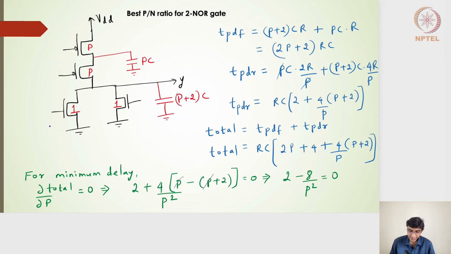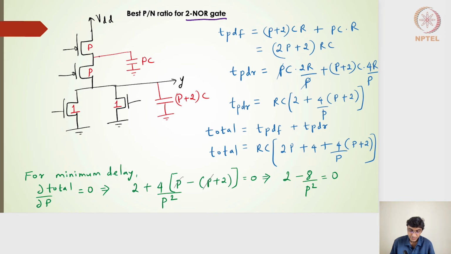So in this particular case, for a 2-input NOR gate, I've taken a variable P on the PMOS side. So P represents the width of the PMOS transistor, and there are 2 PMOS transistors for the 2-input NOR gate. And for the NMOS side, I've taken a size of 1. So my overall capacitance and resistance, I now have to represent in the form of the variable P. The diffusion capacitance is PC here, because of the shared diffusion.